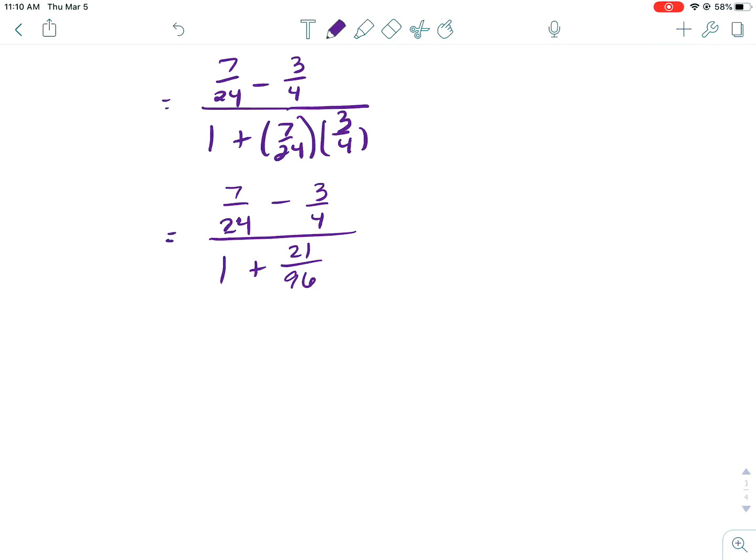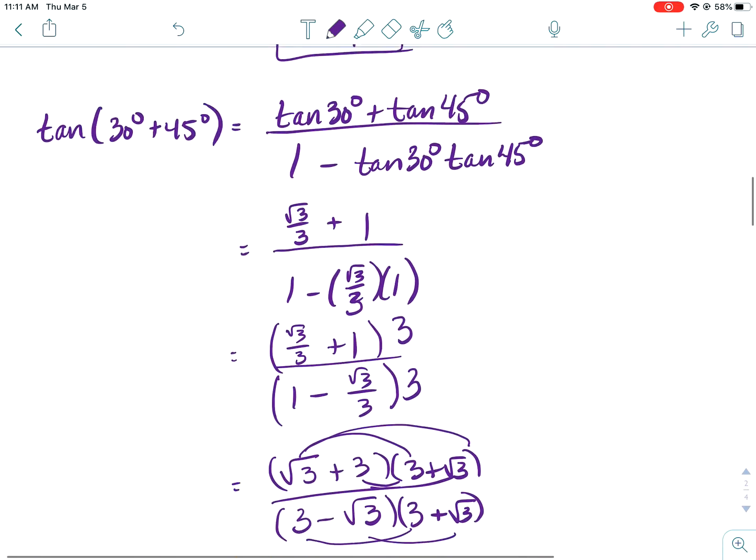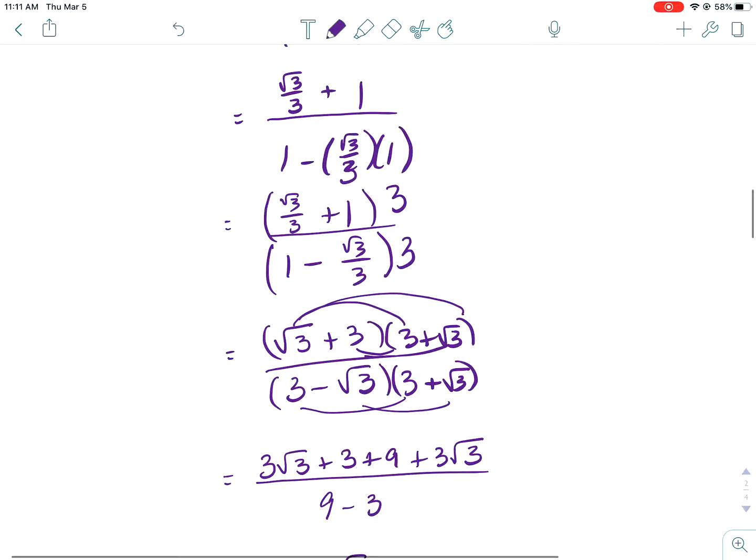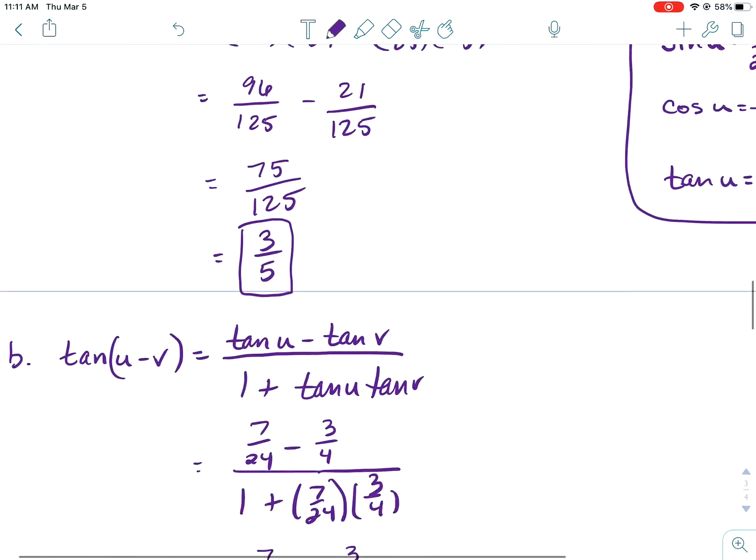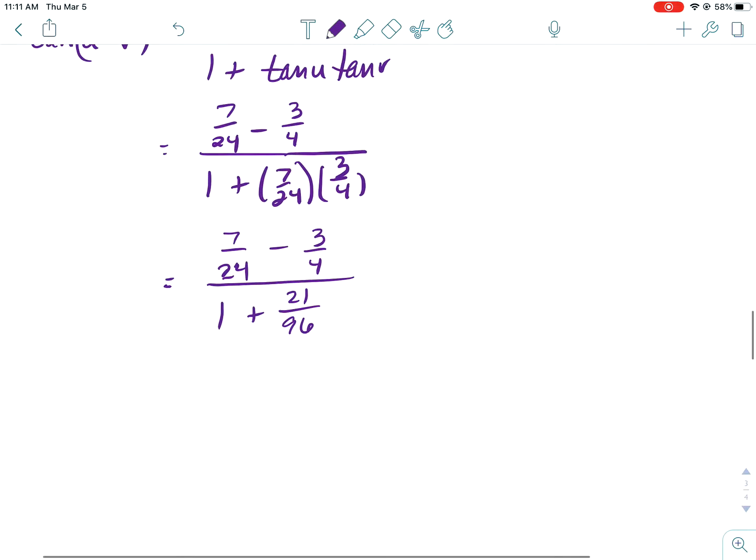All right, now we're going to pretty much do the same thing we did earlier. We don't have to worry about radicals though, so that's nice. We're going to get rid of the fraction in the fraction, like we did earlier with our tangent. Here we just multiplied by 3 because they both had the denominator of 3. But I got that 96 by multiplying 24 and 4.